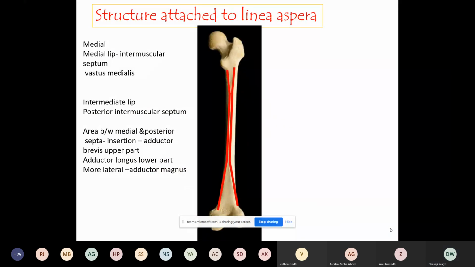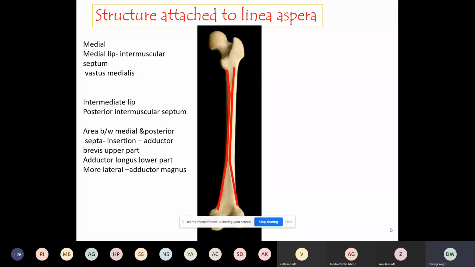The intermediate lip is the space in between the inner lip and outer lip. There is attachment of the posterior intramuscular septum, and in the area between the medial and posterior septa, there is insertion of adductor brevis in the upper portion, adductor longus in the lower portion, and more laterally there is adductor magnus.